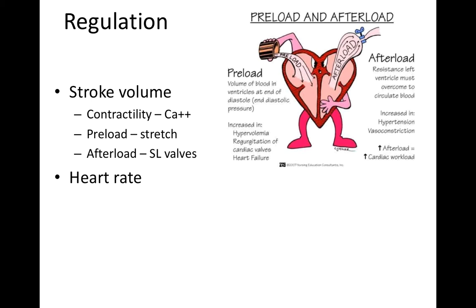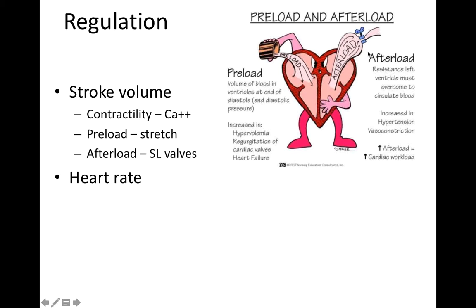It allows you to stretch the ventricle before contracting. So anything that affects how much blood is coming back into the ventricle, like poor venous return, would negatively affect preload, which would then negatively affect stroke volume.